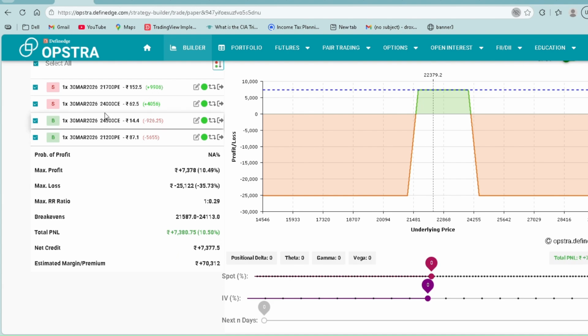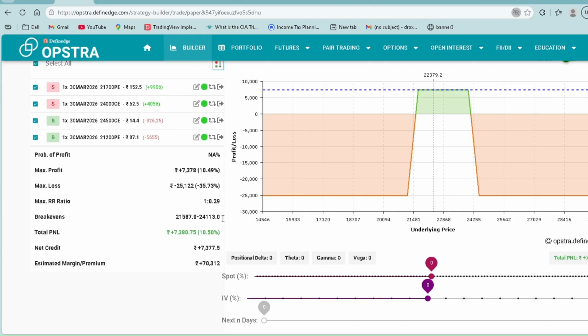and 24,113 on the upper side. See, though I sold 21,700 PE, my break even comes further down to 21,587, that is 113 points.